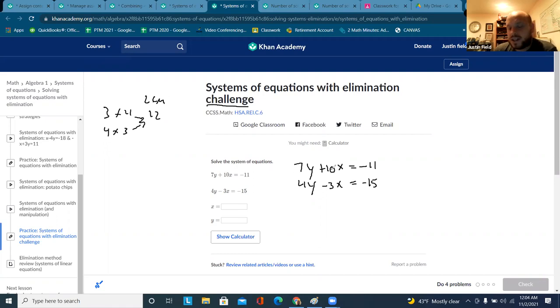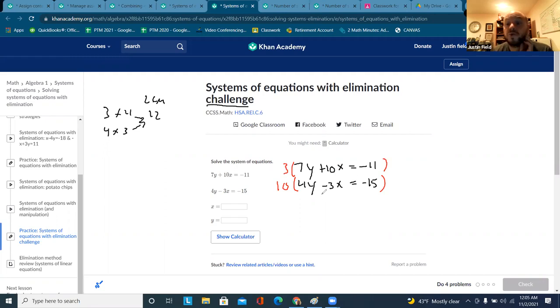So I'm going to look at these x's here. I see that they're already opposite, positive and negative there, opposite signs, but 3 and 10 are not the same number. But I could multiply this equation by 10, and I could multiply this equation by 3.